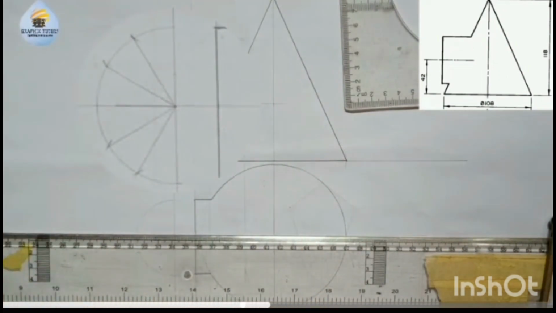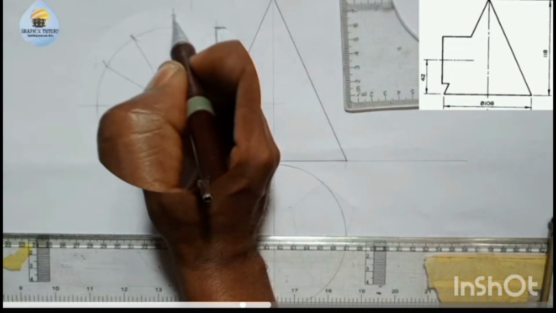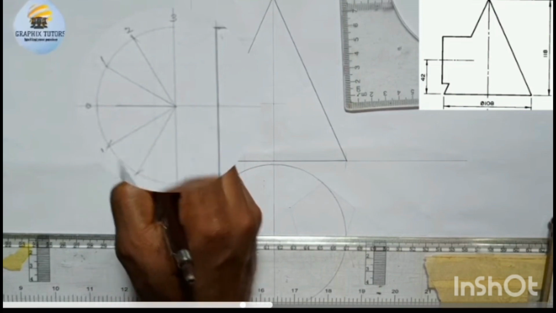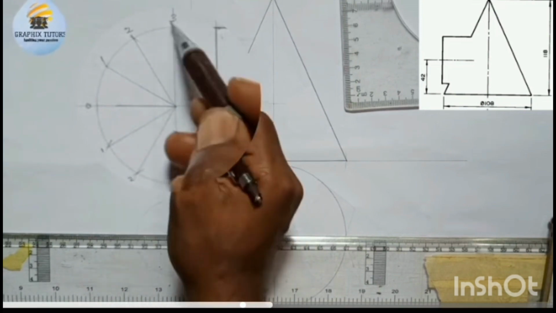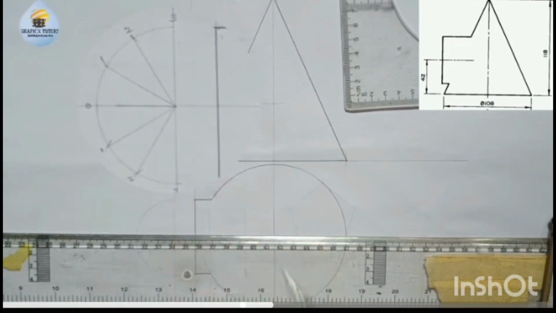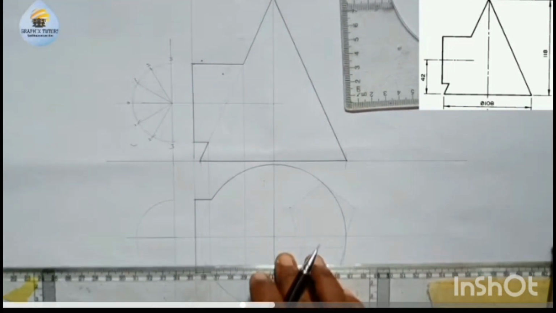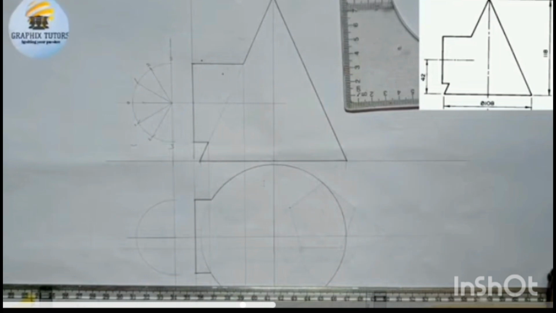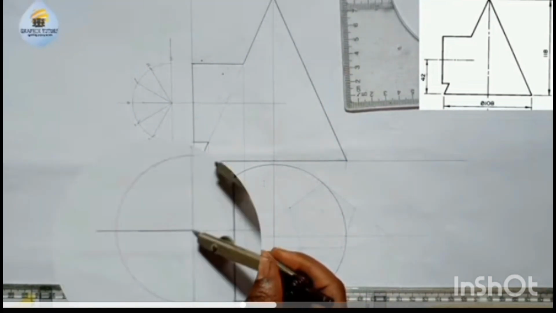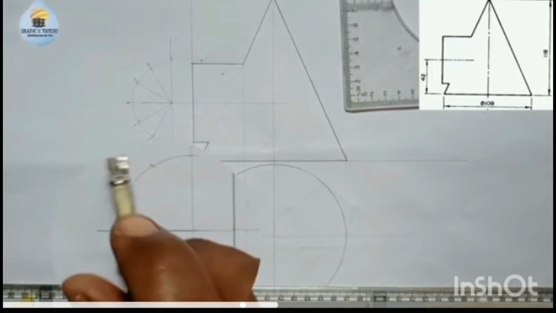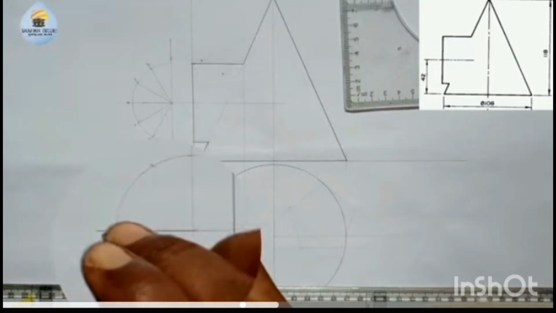So what I have here. I'm going to say this should be 3, 2, 1, 0, 1, 2, 3. It can be 0, 1, 2, 3, 2, 1, 0, anyhow of your choice, right? I'll do the same thing at the base here also. With the same radius I used to get this, I'll place it here, I'll mark up, and I'm going to mark down.